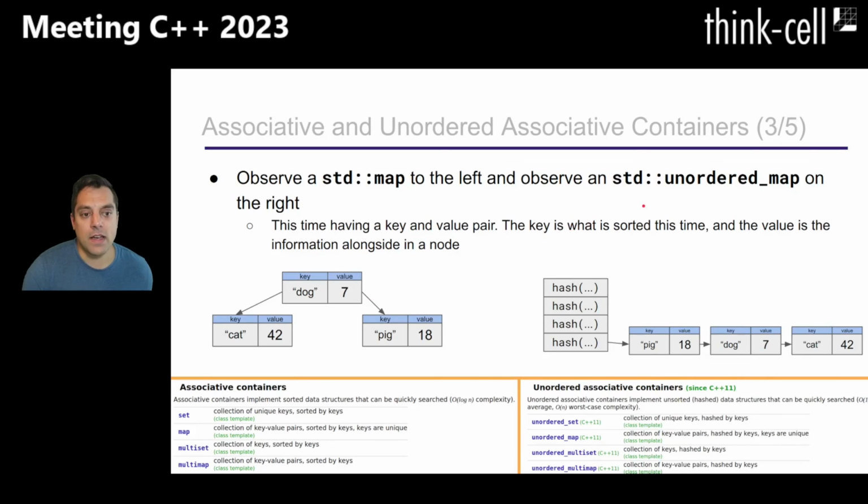Now the same idea of key and value pairs holds true with the unordered map. But again, we run through a hash function, which is just a table, to hopefully give us constant time lookup. In this example over here on the right, I've given you an example where all of our keys are lining up to the same bucket. So usually that's not so good.